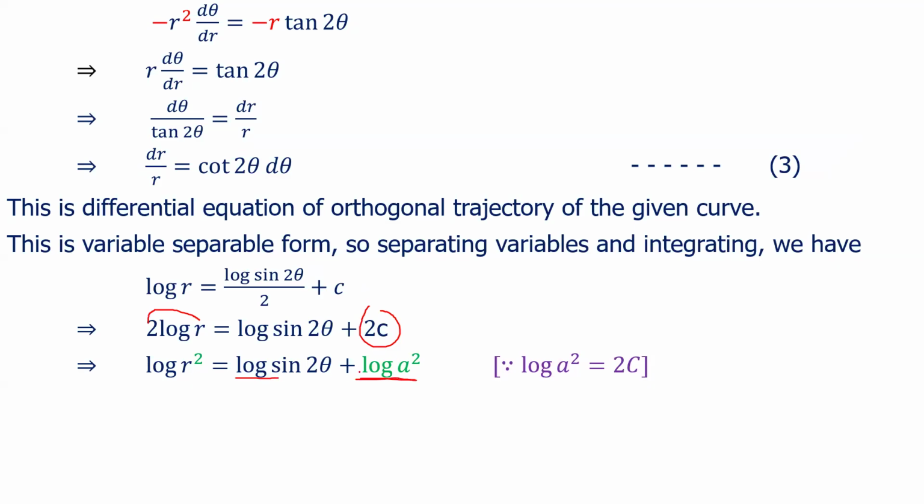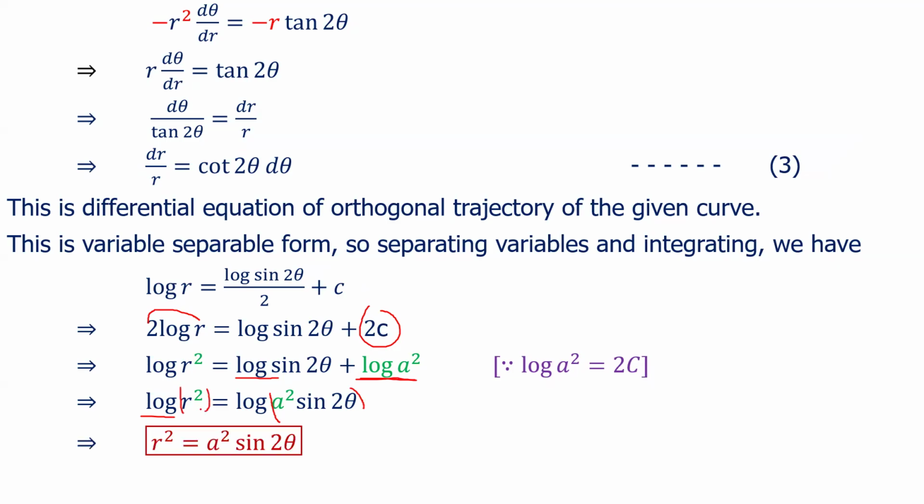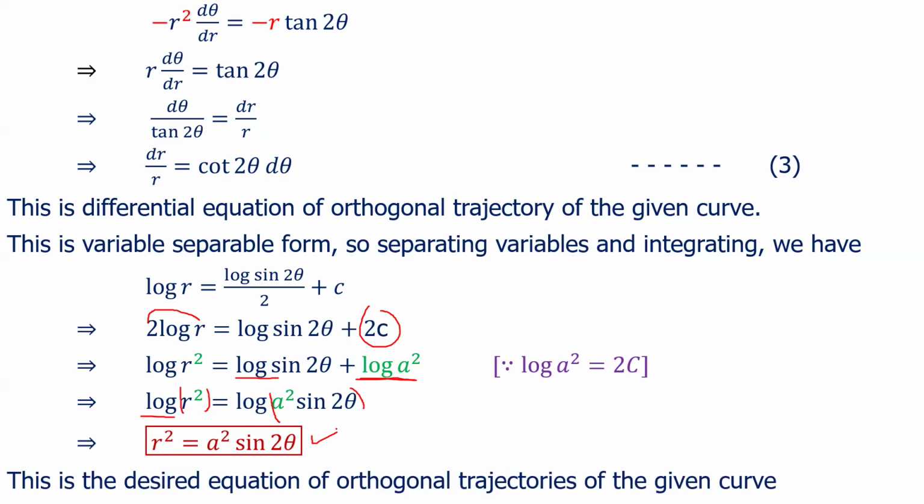Since log a plus log b is log a b, this can be written as log r square equal to log of a square sine 2 theta. If we take the anti-log on both sides, we have r square equal to a square sine 2 theta. This is the desired equation of the orthogonal trajectories of the given curve.